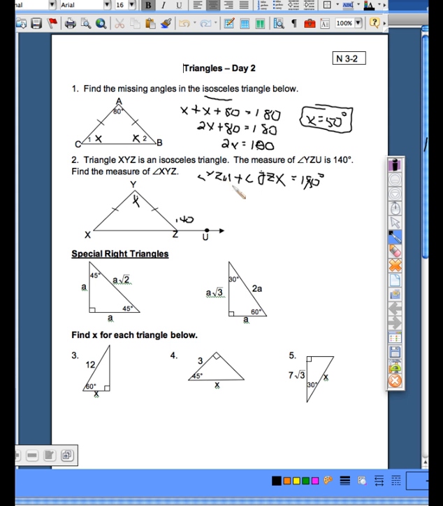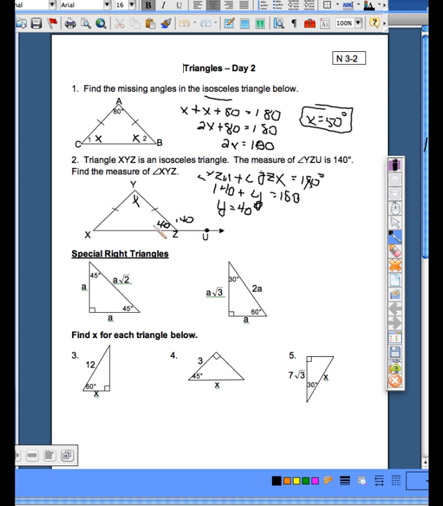So that means 140 plus, we'll call this one y, y equals 180. So y is equal to 40. So that means y here is equal to 40 degrees.